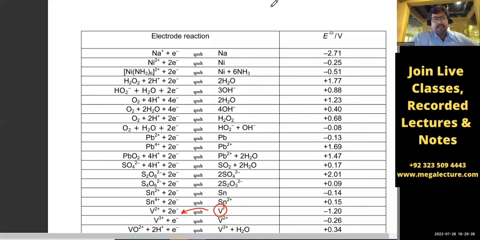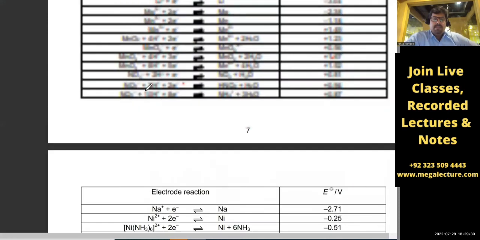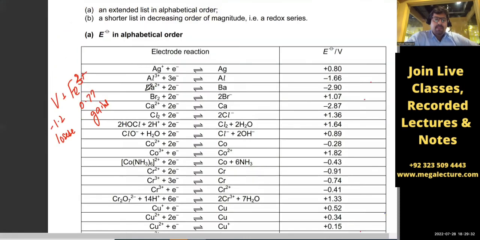One way to think about this is, if this remains the higher potential, it will continue to gain electrons. If this is the lower potential, it will continue to lose electrons. So keep this in mind, 0.77. The higher would always gain electrons. The lower would always lose electrons.